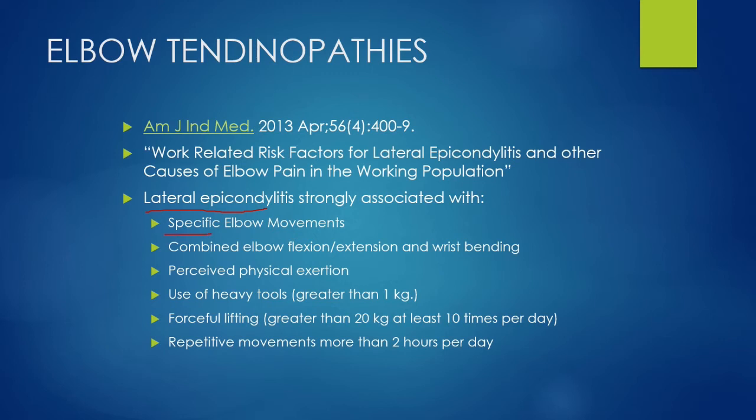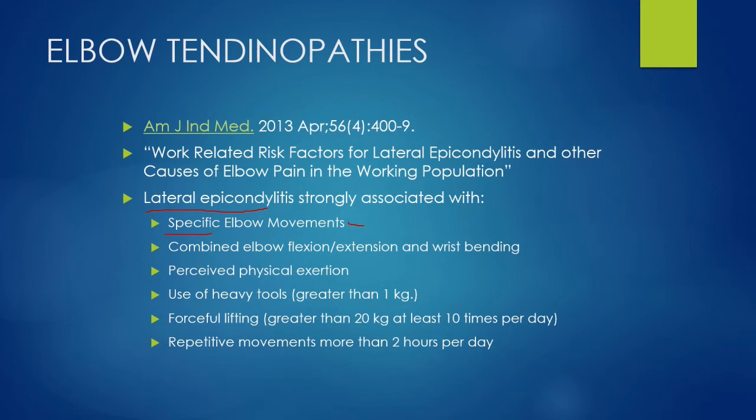Well, let me ask you, what type of elbow movements do you think would be strongly associated with lateral epicondylitis? Well, it's found that because the forearm extensor and finger extensor muscles are two joint muscles, the specific elbow movements most strongly associated with lateral epicondylitis involve resisted elbow extension, especially in a resisted eccentric muscle action.